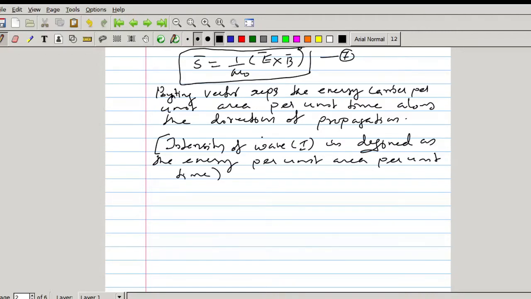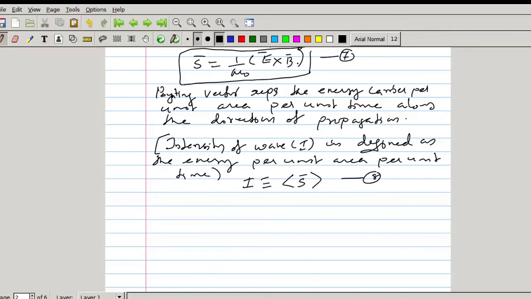The Poynting vector represents the energy per unit area per unit time transported along the direction of propagation of the wave. So intensity is equivalent to the magnitude of the Poynting vector. When you take the expectation value of the Poynting vector, that will be equal to the intensity of the wave.